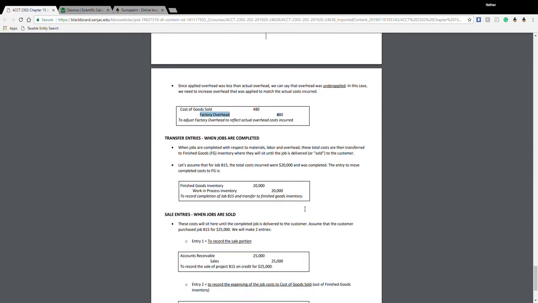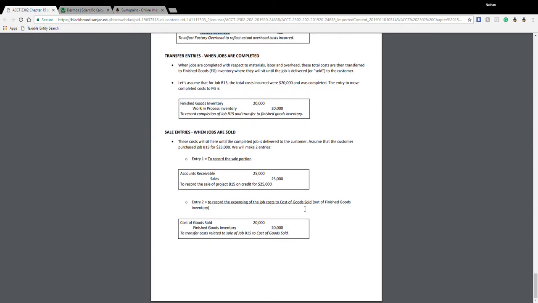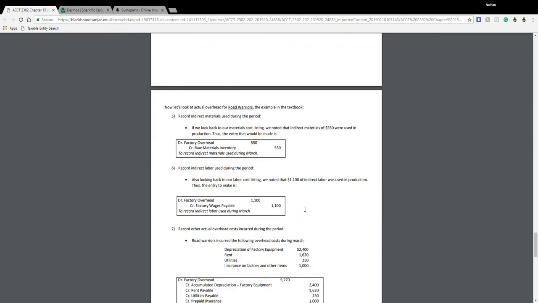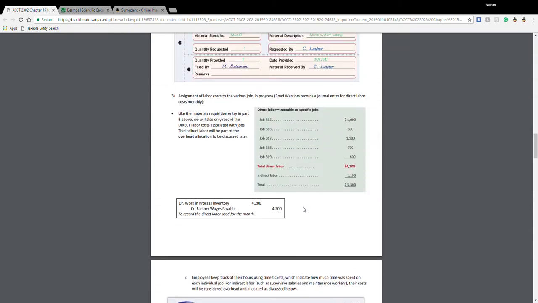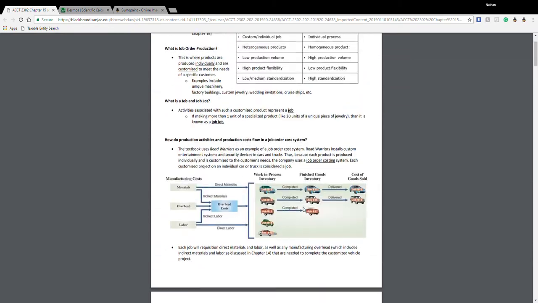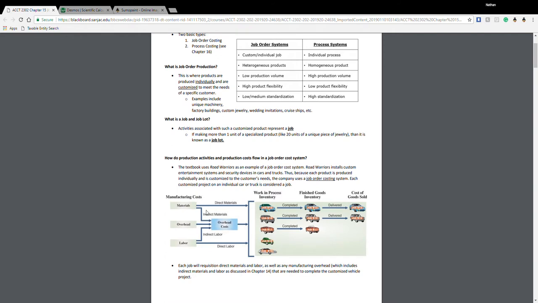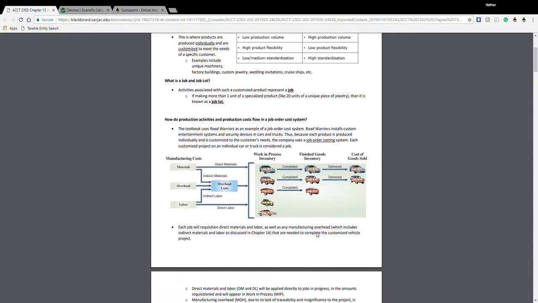Well, now we move to when the jobs are done. So again, we basically did all the journal entries to take them all to work in progress. Now we're moving to finished goods inventory because now they're going to be complete, and then move to cost of goods sold to finish it up.